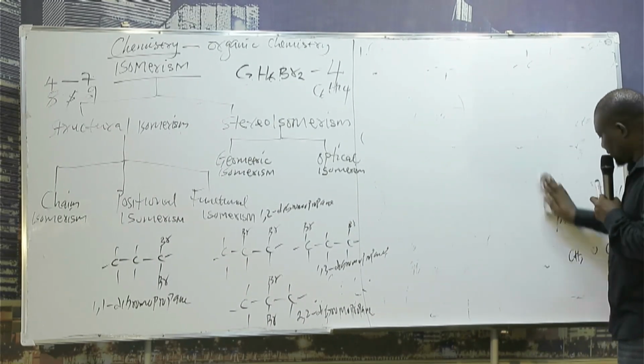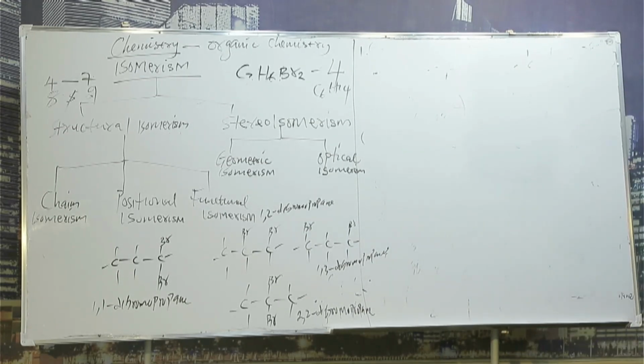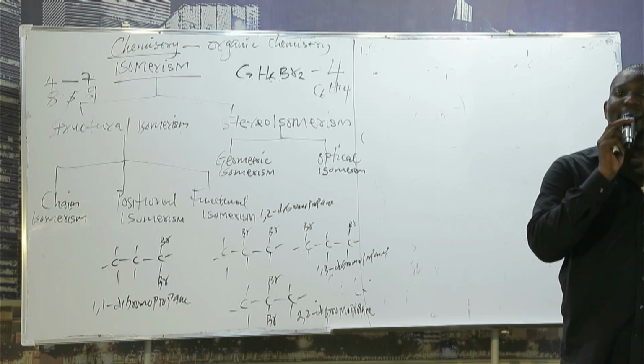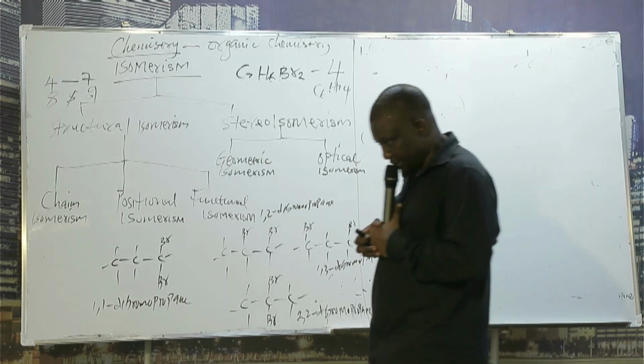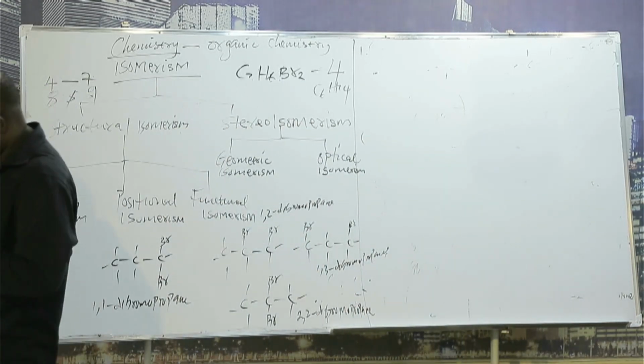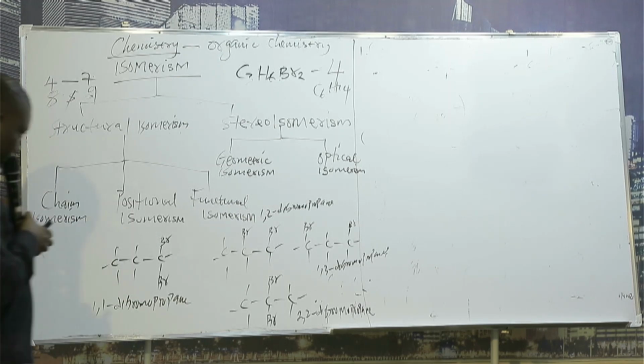Example: butanoic acid and ethyl ethanoate are functional group isomers.